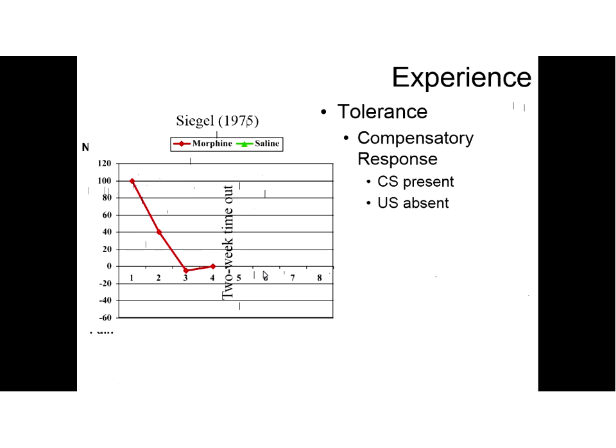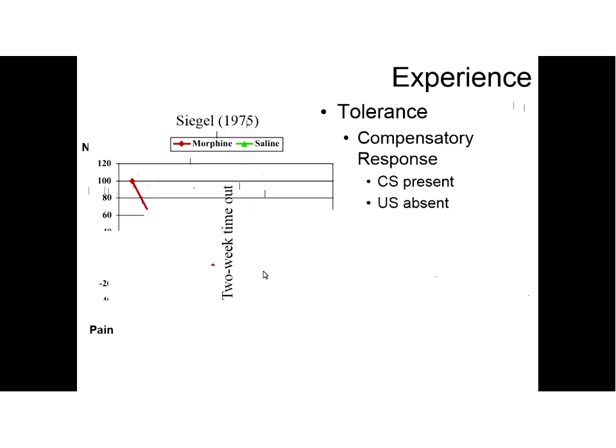And if you think about it, you're injecting saline, that should have no effect at all. But if classical conditioning is contributing to the tolerance that we see in drug addiction, and we're giving the conditioned stimuli, which produce this compensatory response, in the absence of the US, which produces the UR, we might see something that's in opposition.